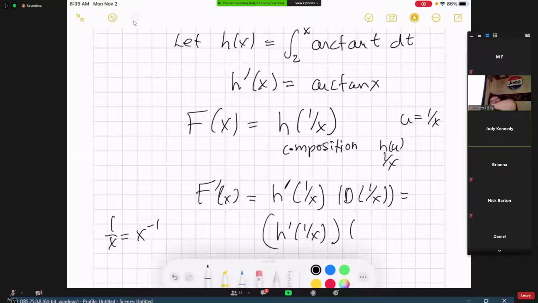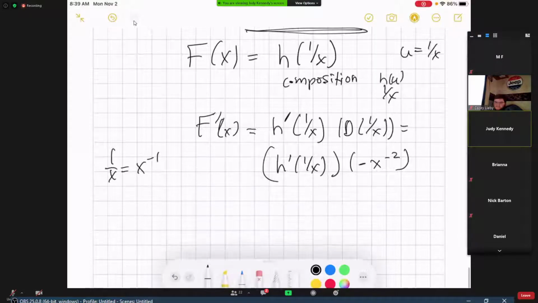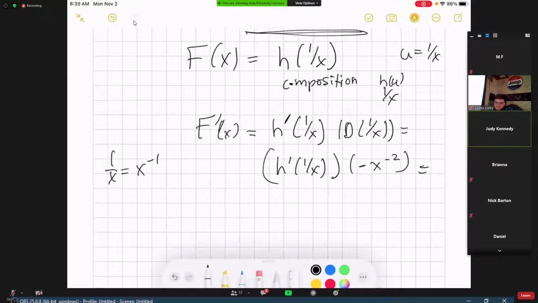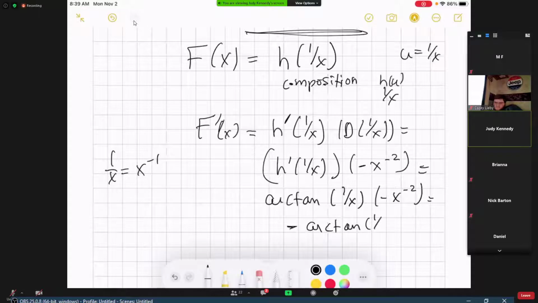You could use the quotient rule if you wanted, but it's easier to write it as x to the minus 1 because then the derivative is just minus x to the minus 2. And h prime was the arctan of x. So this would be arctangent of 1 over x times minus x to the minus 2. And I can write that as minus the arctangent of 1 over x, all over x squared.